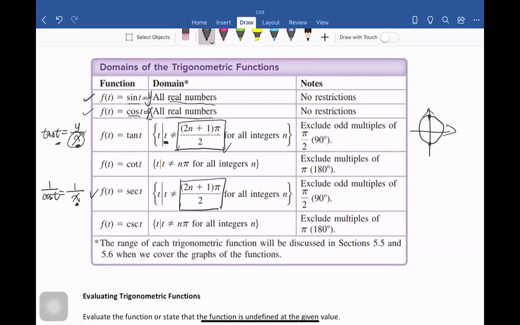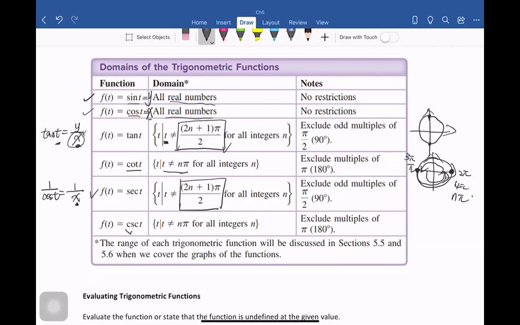For cotangent t, it is undefined at these 2 points. So t is not equal to n pi, because here is 0, here is pi, going around here is 2 pi, here is 3 pi, 4 pi. That means n pi. If t equals n pi, that makes the cotangent undefined.